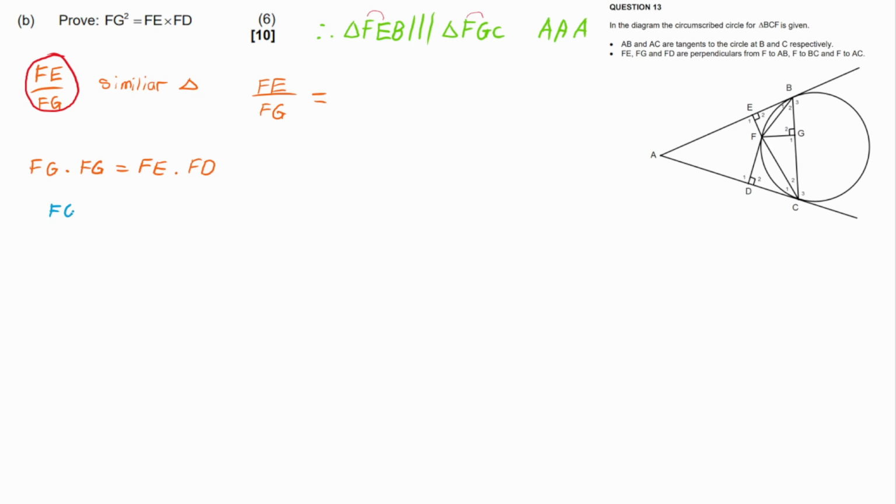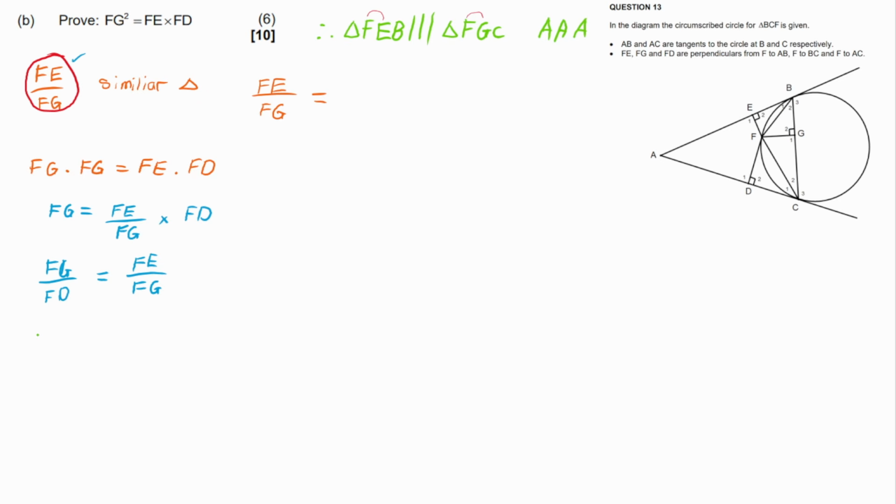So what I'm left with is FG is equal to FE over FG times FD. Okay, so I can see I've got this thing that I wanted here in the circle. So what I can do now is I just divide both sides by FD. So I get FG over FD is equal to FE over FG. Okay, so that's essentially what I need to prove.